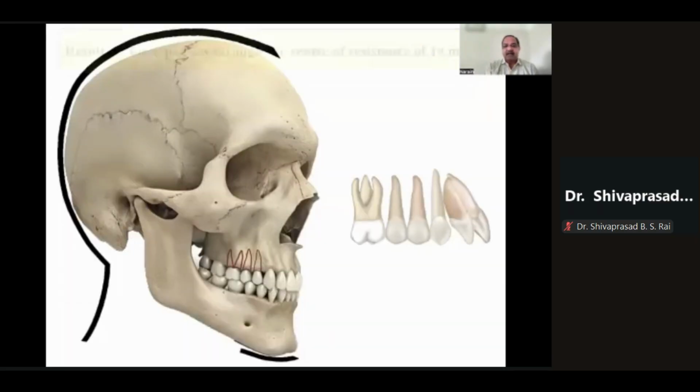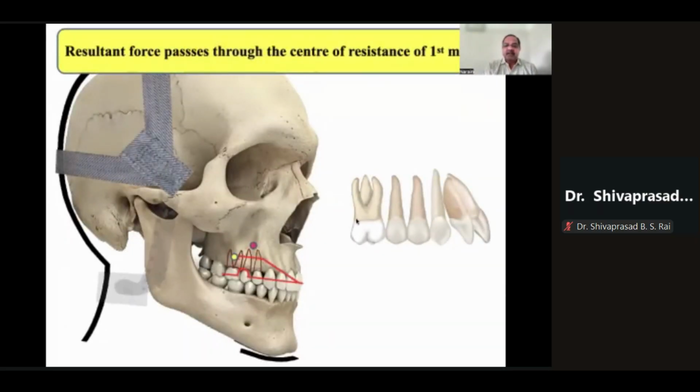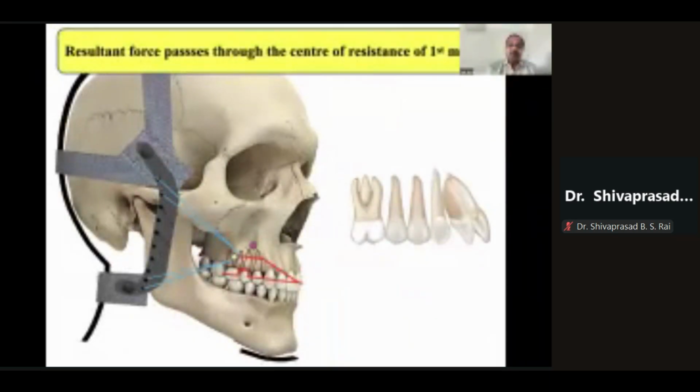Coming to the interlandi headgear. With the interlandi headgear, you can vary your forces very well because it's a combination of a high pull and a cervical pull headgear. Usually we use headgear elastics onto the outer bow, and depending on which of these holes you use for your elastics, they are open at the posterior, you can insert your elastic.